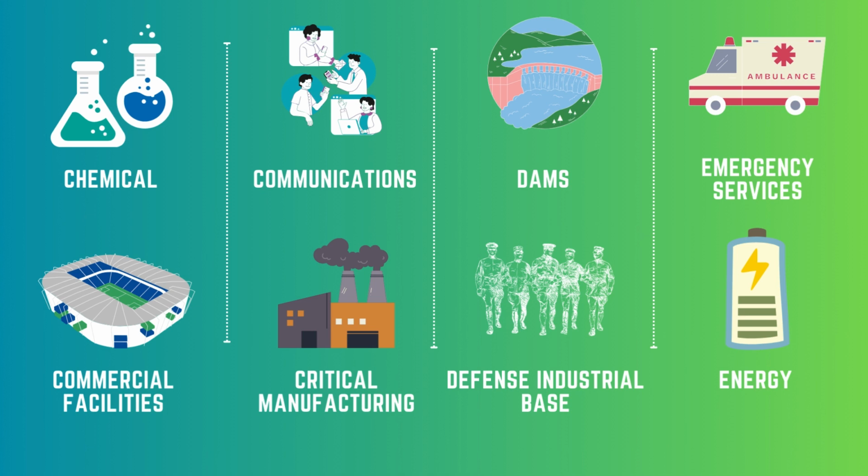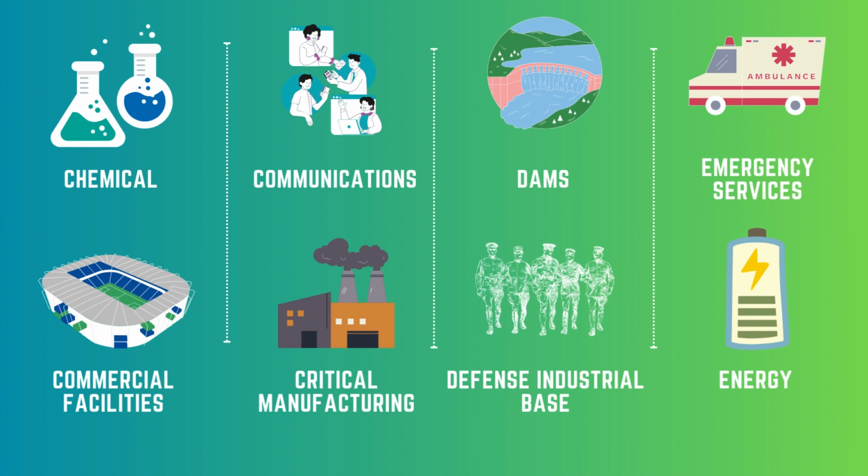Commercial facilities are about the cinema halls, the community halls, the stadiums, the playgrounds, which are used by the public for commercial purposes. Critical manufacturing is about the critical products which are manufactured, which are essential for various sectors of the country, and that is why they're called critical.